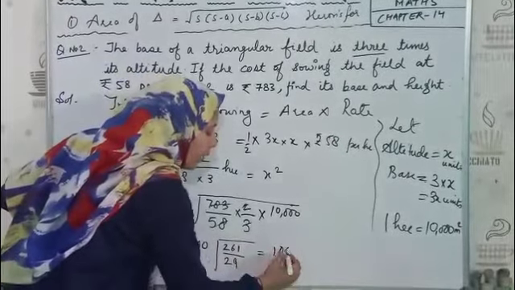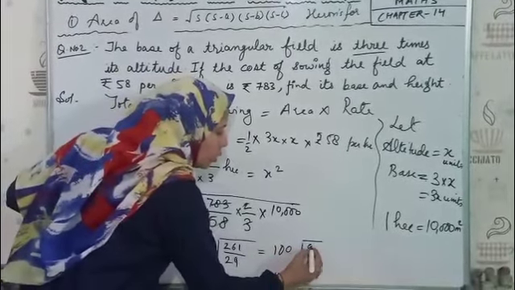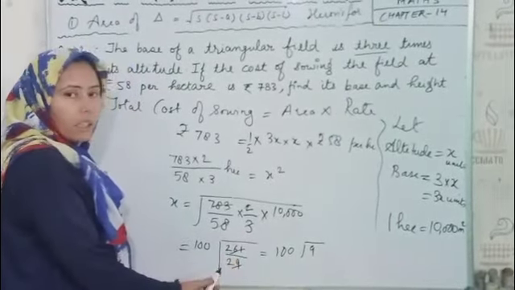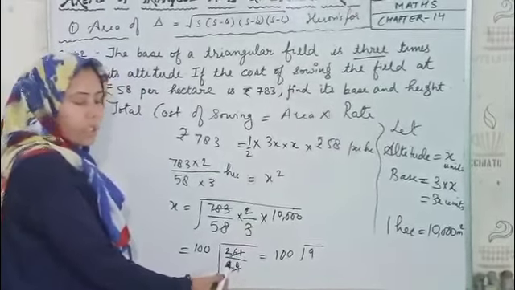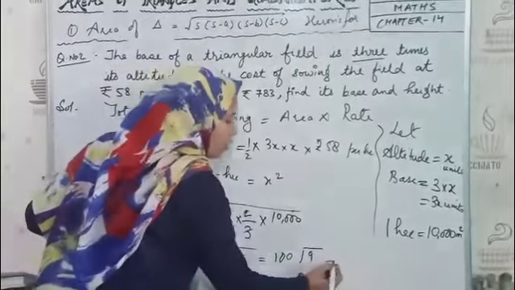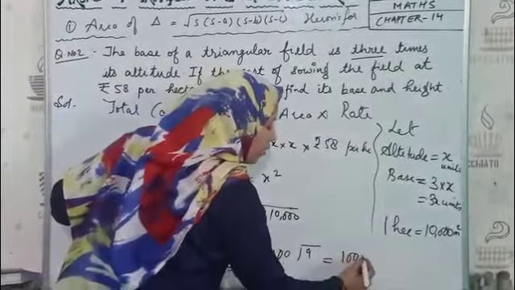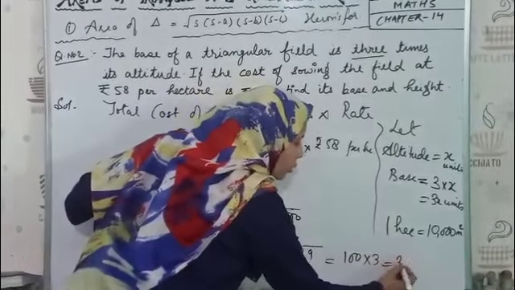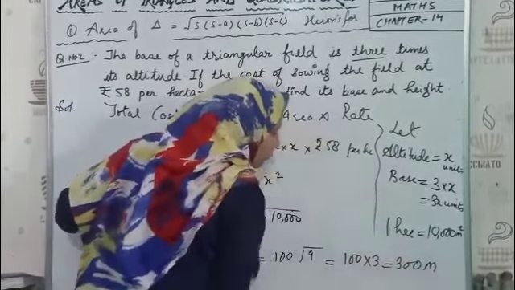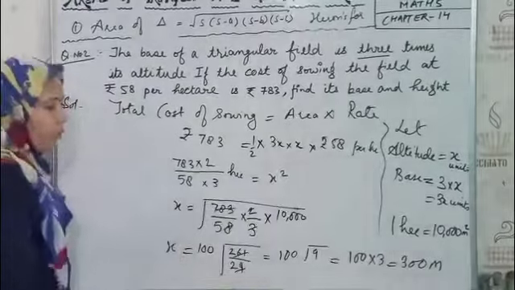When you simplify it, you will get root 9. 29 ones are 29 and 29 nines are 261. Root 9 means 3 square. Square and square root cancel and you will get 100 into 3, that is equal to 300 meter. This is the value of x.